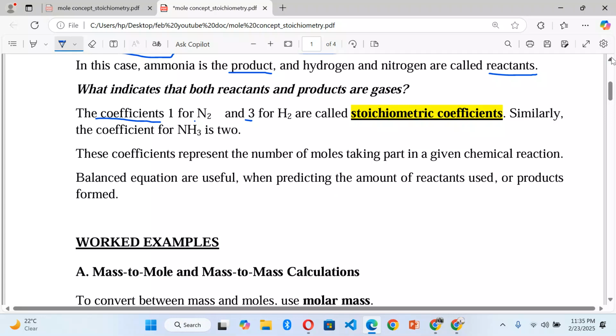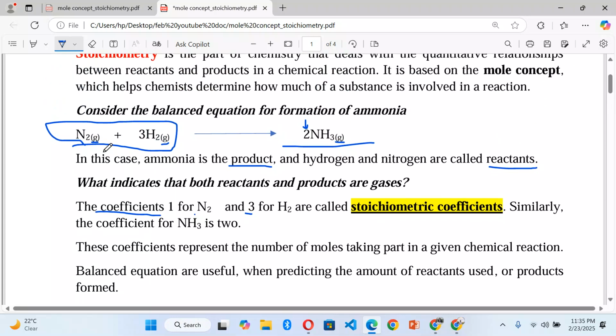We can use the stoichiometric coefficients to interpret this equation in terms of moles: 1 mole of nitrogen reacts with 3 moles of hydrogen to produce 2 moles of ammonia.